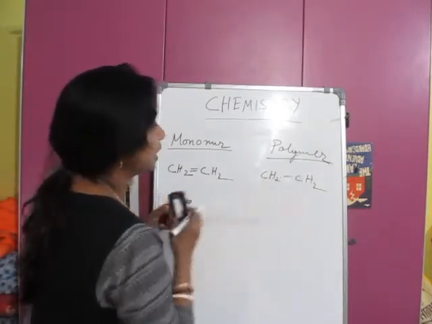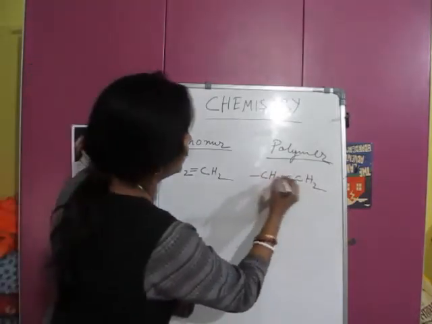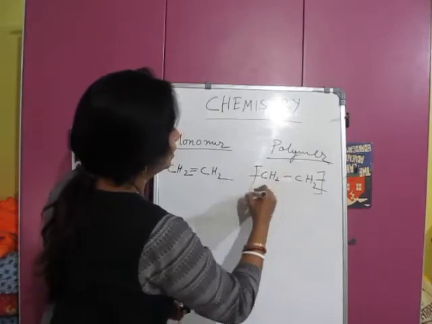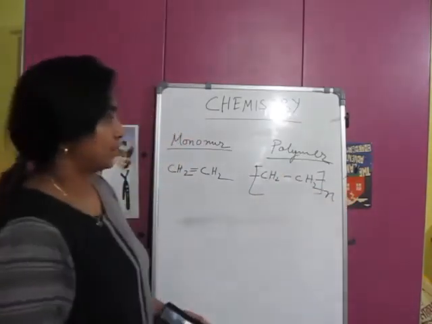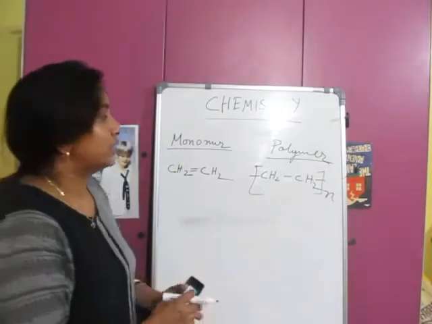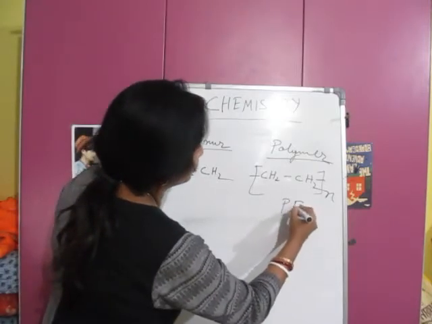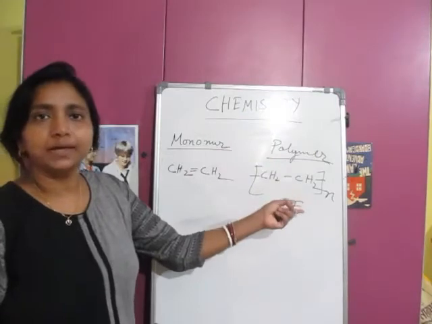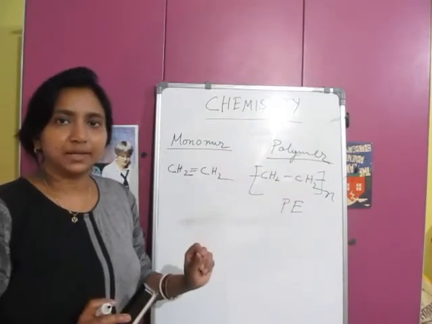So you remove this double bond, so the carbon will get hands. Now here you give n. So this is called polyethylene. Ethylene, from this we get the polymer, that is called polyethylene.